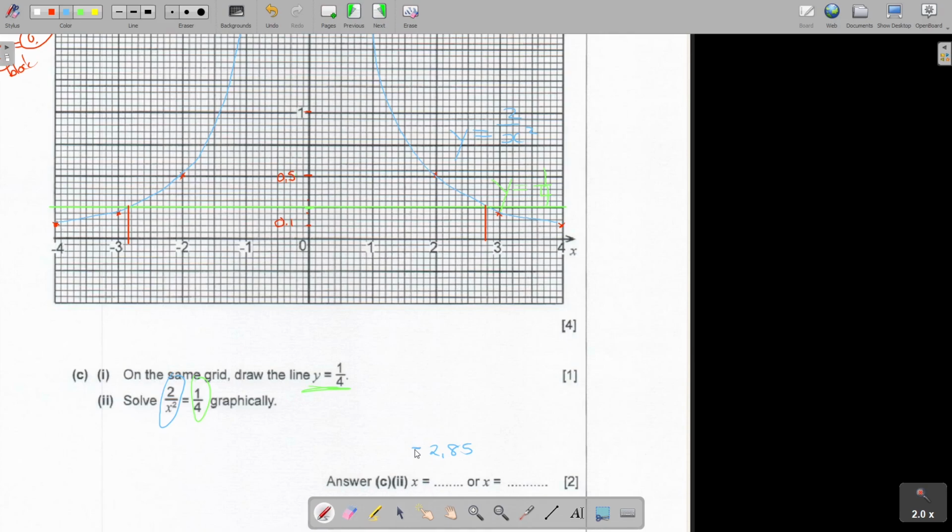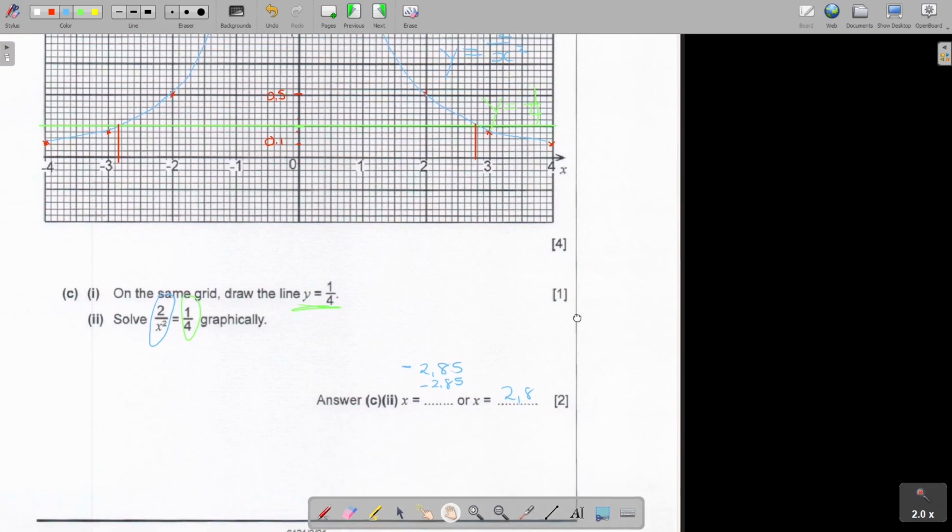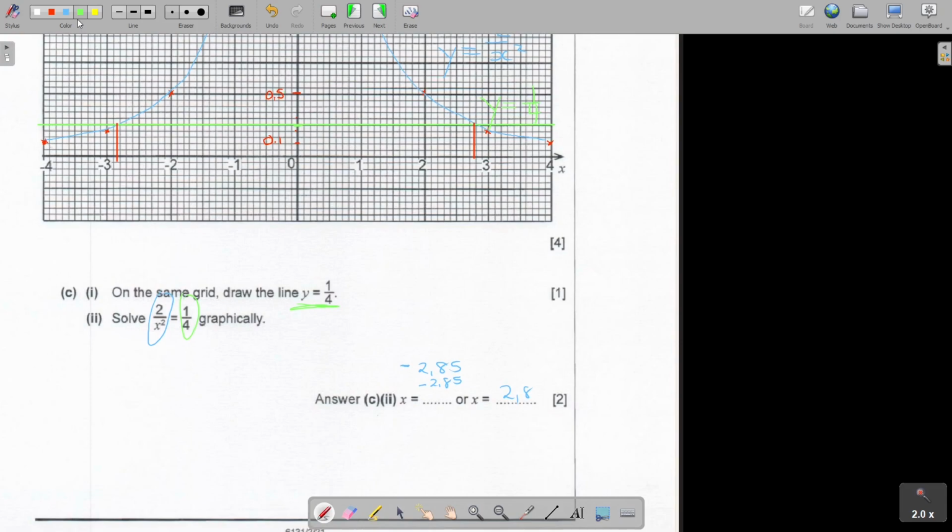Okay, the other one, it looks to me like 2.8. Do you see that one is 2.8? And this is negative 2.85. And again, they gave you a gap. So if you were writing an answer from negative 2.7 to negative 2.9, and this one 2.7 to 2.9, they gave you 2 marks.